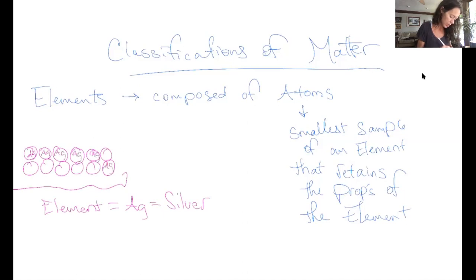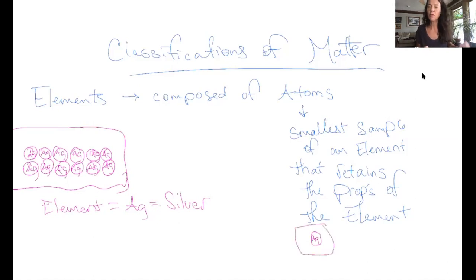Pretend I wrote Ag in every one. Maybe you don't want to draw so many circles. If I was to take one of those and put it over here, I would now have an atom of silver. This is my element, silver, with the same atoms within the element. They're all silver atoms. And this here is just my atom of silver.